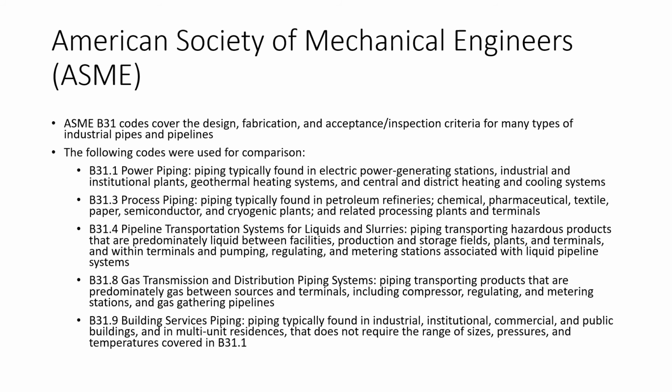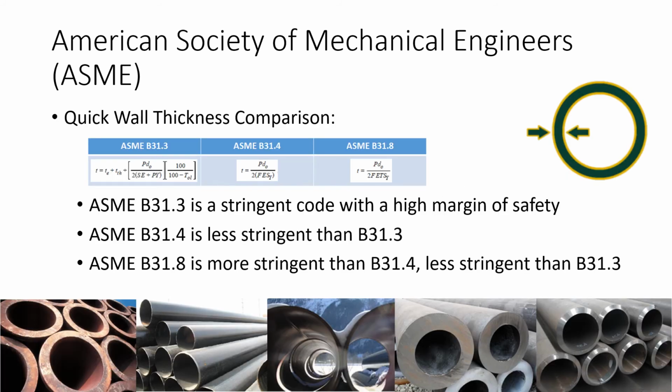B31.1, B31.3, B31.4, B31.8, and B31.9 are several of the ASME B31 series of codes reviewed for a quick design and inspection comparison. Of the three major ASME codes for piping design, we find that B31.3 is a very stringent code with a high margin of safety. B31.4 is less stringent than B31.3, and B31.8 is more stringent than B31.4, but less stringent than B31.3.